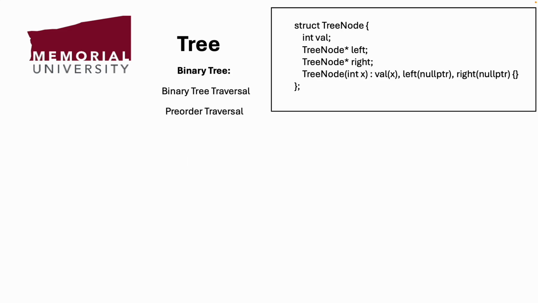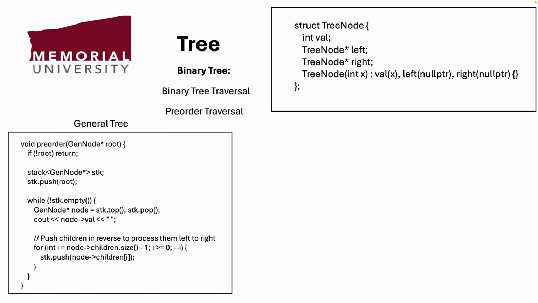Okay, so let's see how we can implement this traversal with a stack instead of recursion. Let's go back to the pre-order traversal again. This code is a pre-order traversal for a general tree, which we learned before.